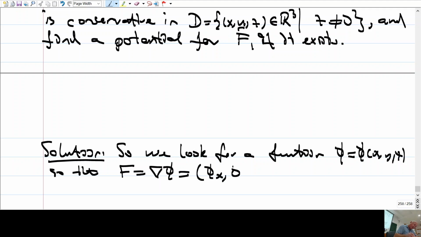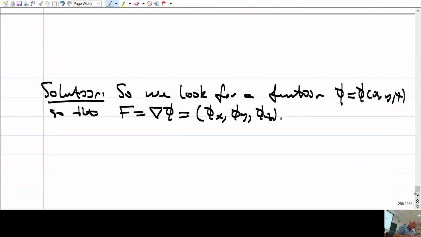So phi sub x, phi sub y, phi sub z. So this means what? Phi sub x is just f1, which is xy minus sine z.